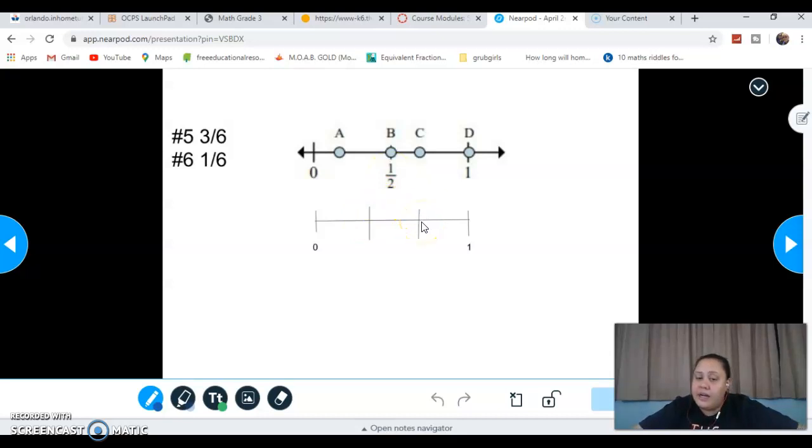Now, why did I cut it into 3 equal parts? Because we're dealing with the six under the denominator. We're dealing with sixths. So 3s and 6s are cousins, because we can't make 6 unless we have 3 thirds. So this number line had to get cut into thirds.